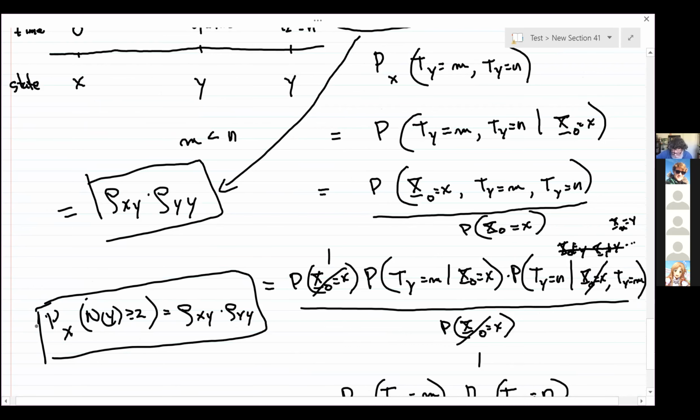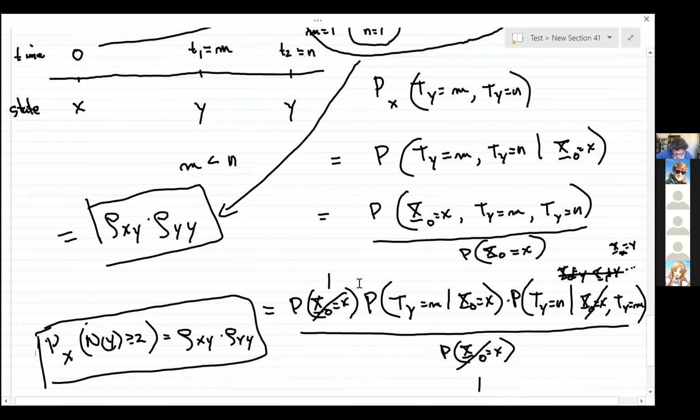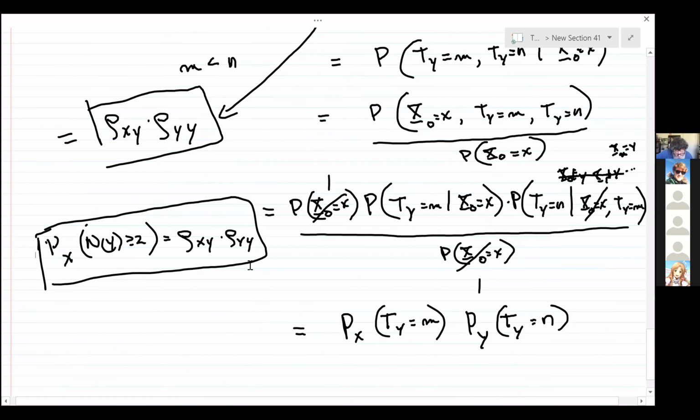And I went through the details of this because it's useful, but now that you have it, it's easy to interpret. So if you start at x and you want to visit y at least twice, you have to get from x to y the first time. And it may take a long time. So that's the probability of going from x to y eventually.